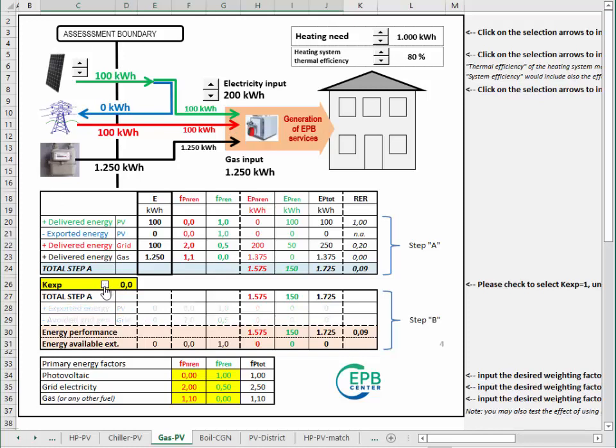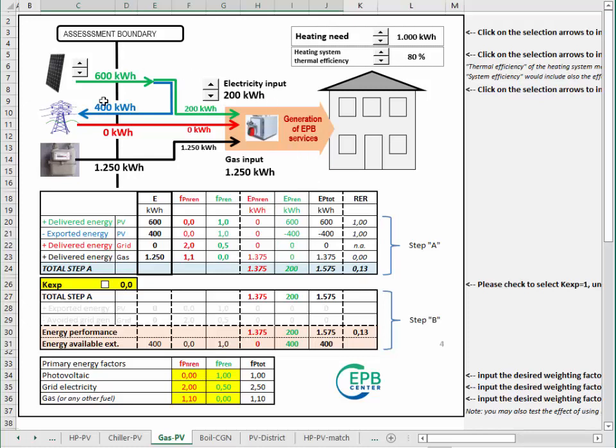If the K exported is set to 0, even if the on-site production of electricity exceeds the required electricity input for the auxiliary energy, then this will be discarded from the energy performance of the building. And no matter how much PV electricity we are generating on site, the system will be shown as running mainly on natural gas, that is fossil fuel, and the renewable energy ratio will be always low.